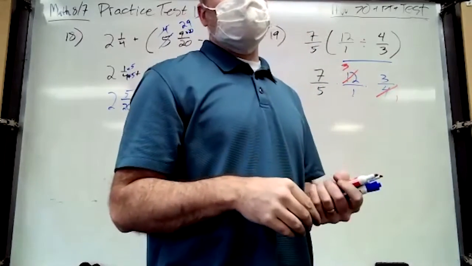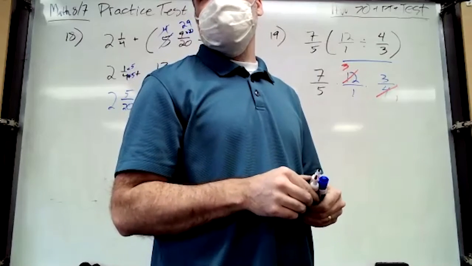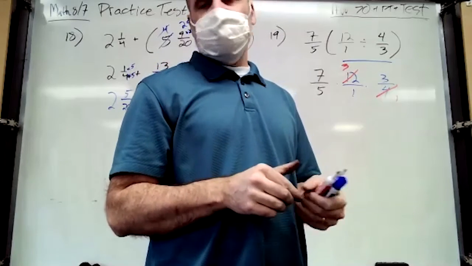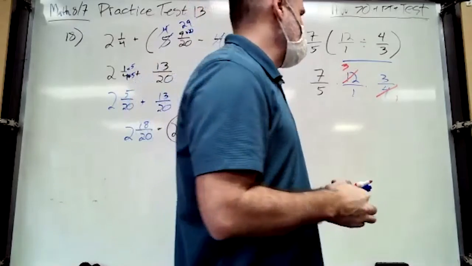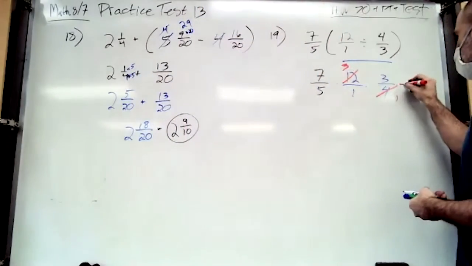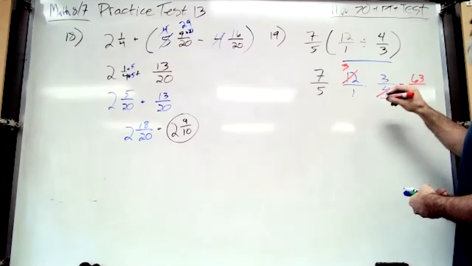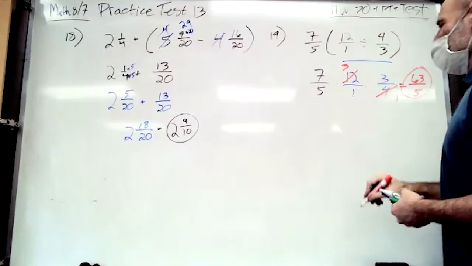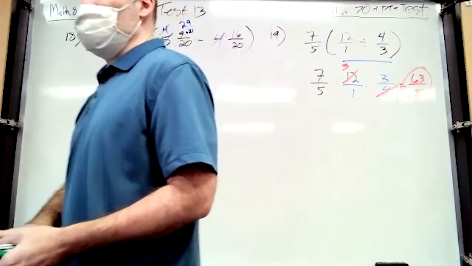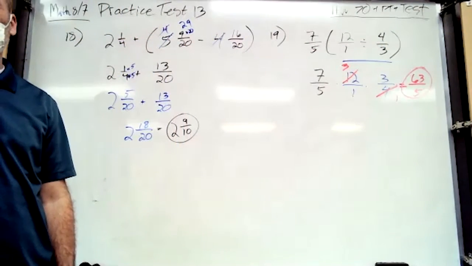I'm just an innocent 4. But when it comes to cross reducing, you can't think about that. Just got to do it. Anything else? I don't think so. 7 times 9 is 63 over 5, and you're done. So you can leave it like that, or you can say 12 and 3/5. That's it. It's not bad, right?